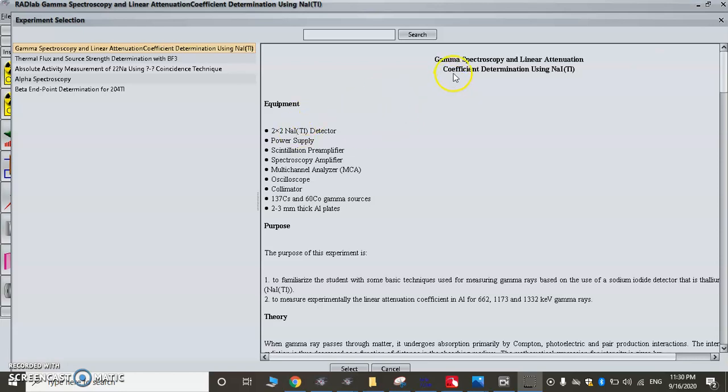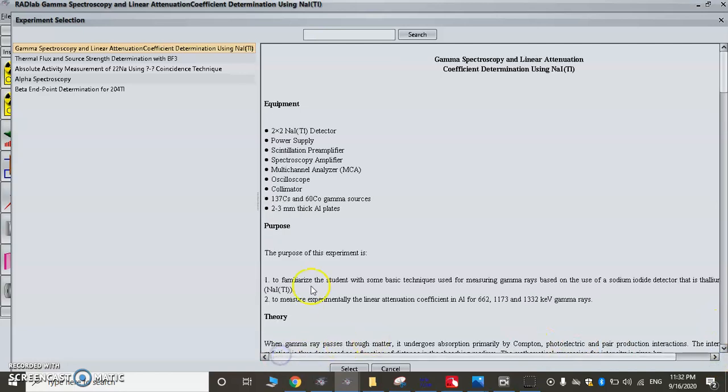The experiment title is gamma spectroscopy and linear attenuation, sodium iodide detector. Here are our equipments: detector, power supply, preamplifier, amplifier, MCA. We have given two types of sources: one is a cesium source and another is a cobalt source.